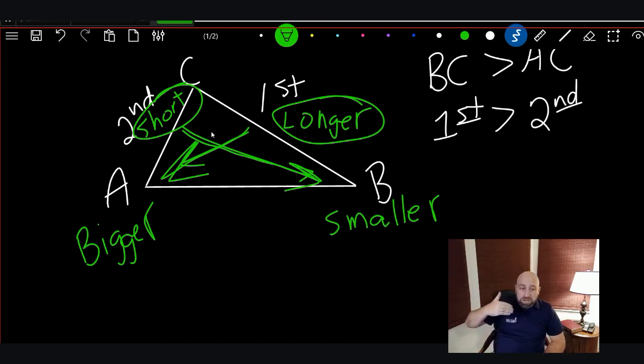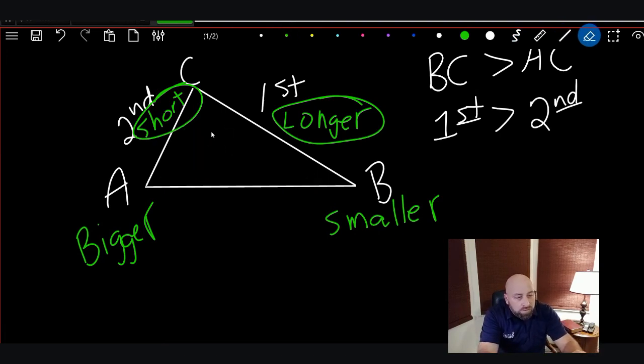Okay, I told you I'd do Theorem 13 and then 14, and then we'll be done with this part of the lesson, and then I'll come back later. What's Theorem 14? Well, it's the opposite. It's the converse. If one angle in a triangle is greater than the second angle, then the side is longer. So in other words, we're going back here to this, and now we're focused on the angle.